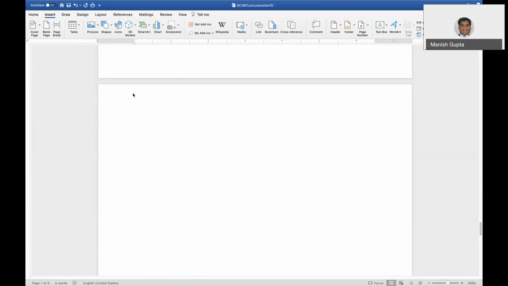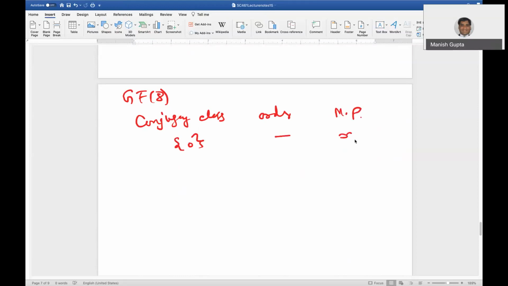This is the example of GF(8), right? Conjugacy classes, order, minimal polynomial. When the conjugacy class is 0, order is nothing, and we have x as a minimal polynomial.